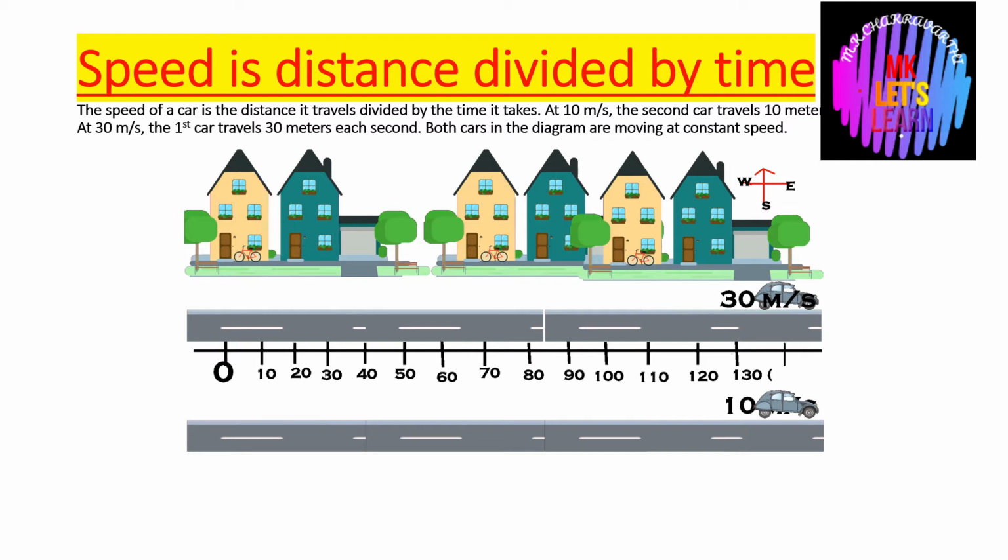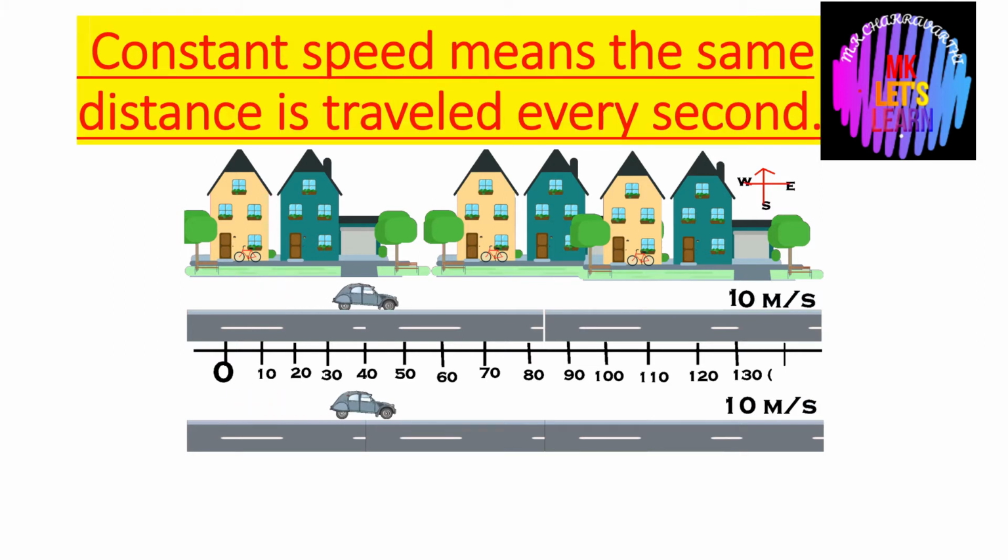Both cars in the diagram are moving at constant speed. Constant speed means the same distance is traveled every second. The snapshots are very evenly spaced, so you know the distance traveled by each car is the same each second.